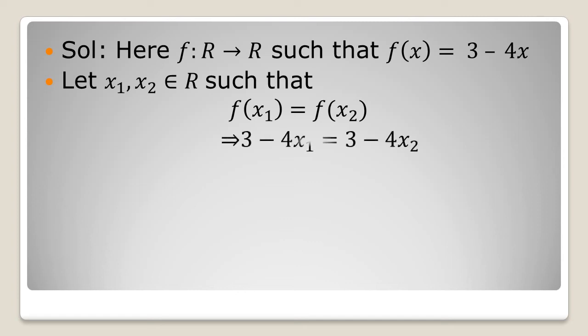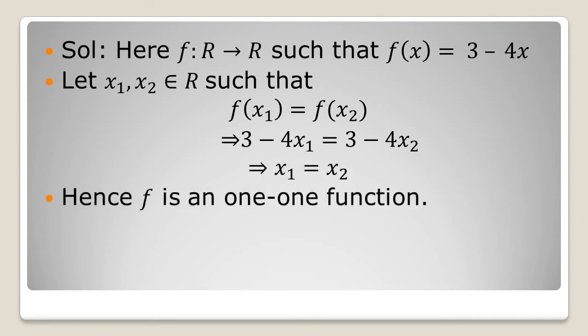If we put the values of x1 and x2 in the definition, we get it like this, and it gives us x1 equals x2, which shows that it is a 1-1 function.